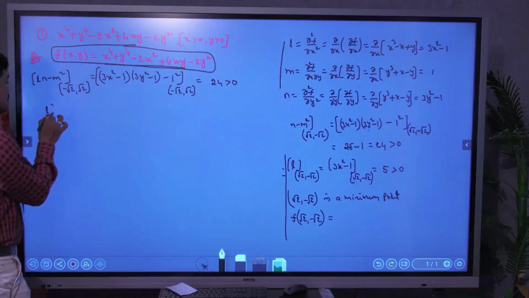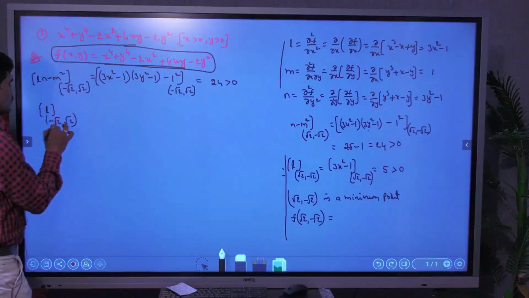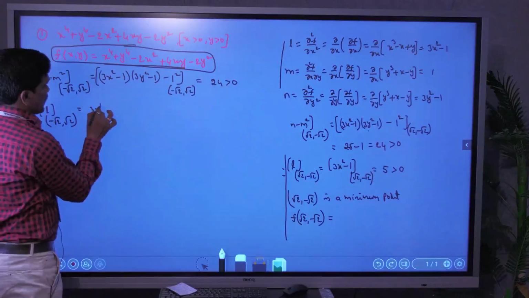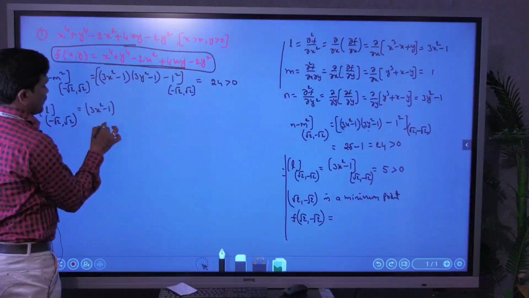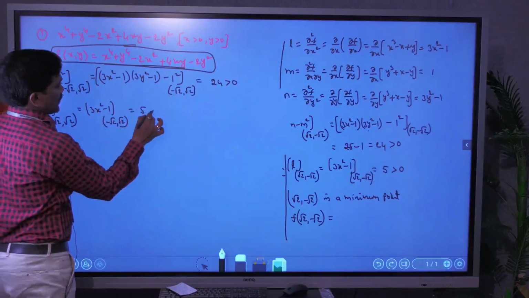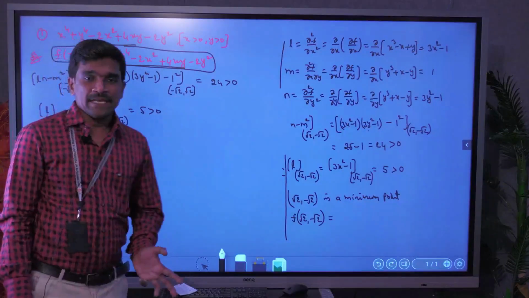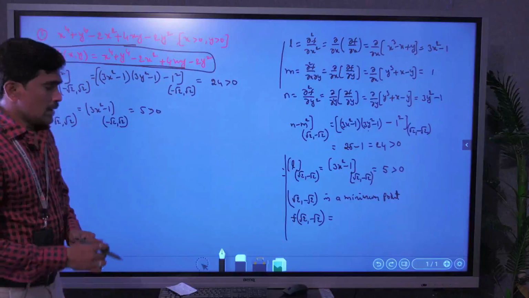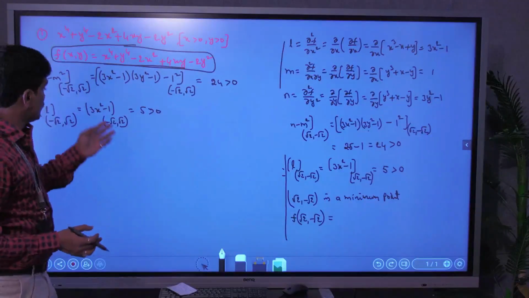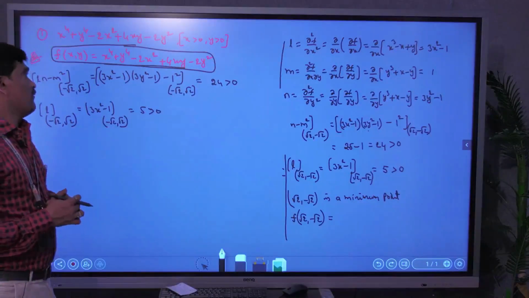Now L at the same point minus root 2 comma root 2, what is the value? 3x square minus 1 at minus root 2 comma root 2, so we get the same. Now here root 2 comma minus root 2 is the minimum point, and also the minimum value f of root 2 comma minus root 2 and also f of minus root 2 comma root 2 is the minimum value.